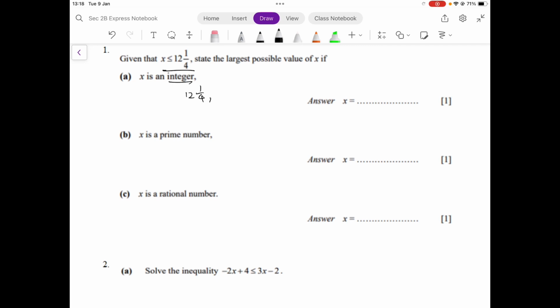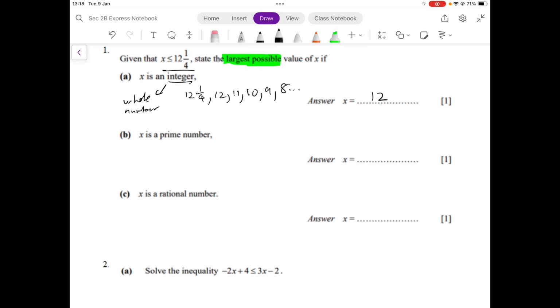So 12 and 1/4, 12, 11, 10, 9, 8. So if x is an integer, it is a whole number. Okay, and they want the largest possible value for each question. Right? What is x? x will be 12.